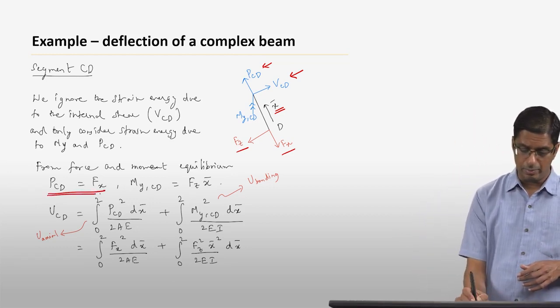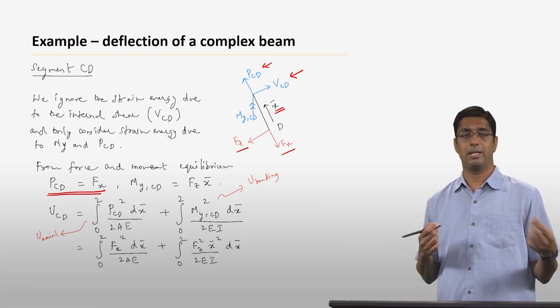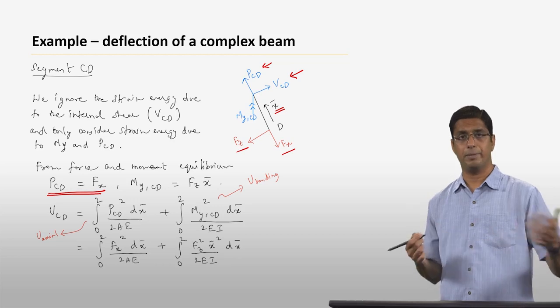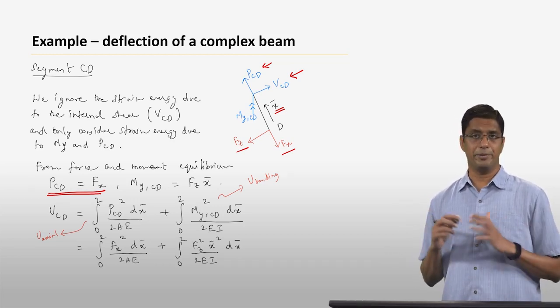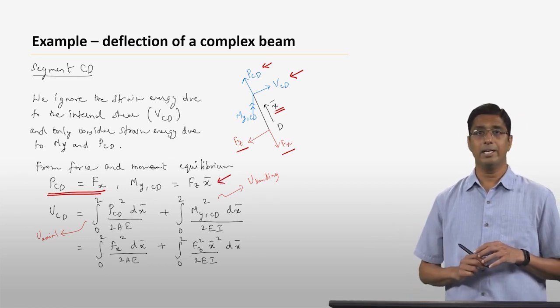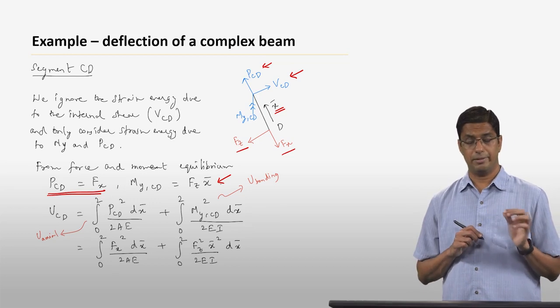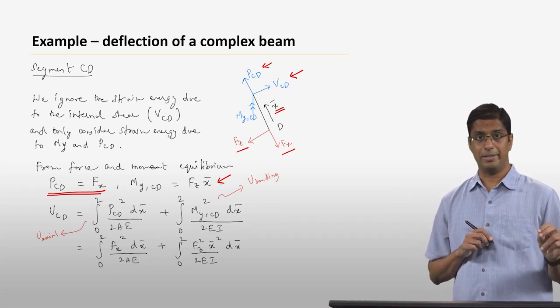In this case, it's actually very simple. The internal normal force is just going to be equal to Fx, because Fx plus Fx should be exactly equal to PCD because they're in opposite directions. Similarly, Fz will be equal to VCD, but we don't worry about that. And we can also find out what MYCD is. I want to tell you something very important here.